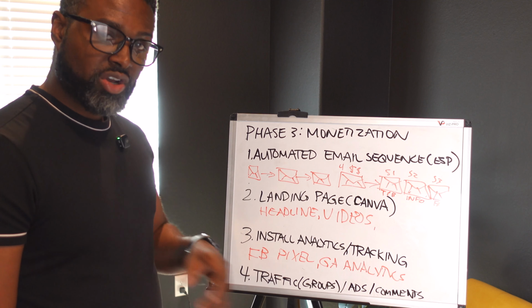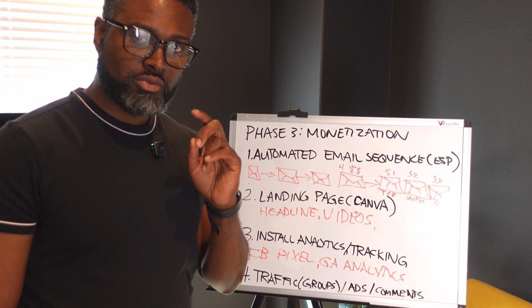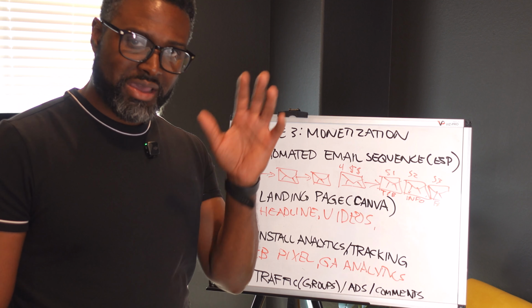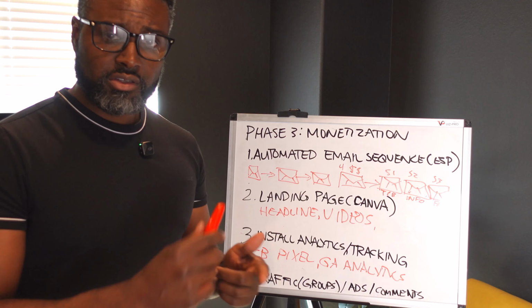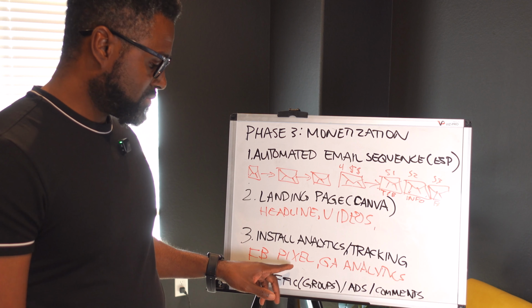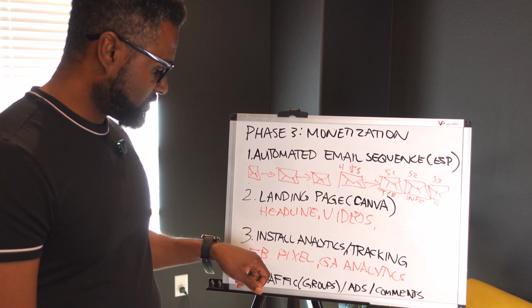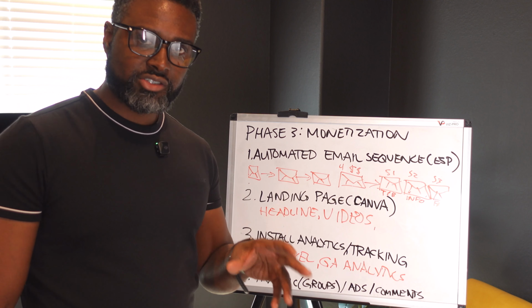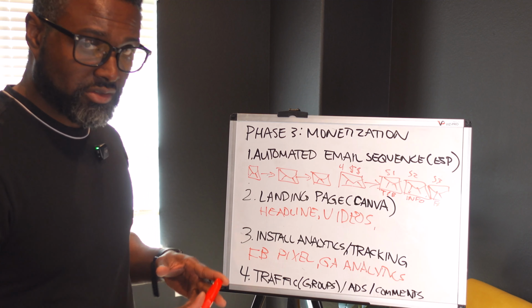Right. But when I'm ready to target them with ads and I want to go back to those people, all those people that have connected with me, I want to be able to track to make sure that I'm targeting those people. And that's why you need to install some type of analytics tracking, the Facebook Pixel and Google Tag.